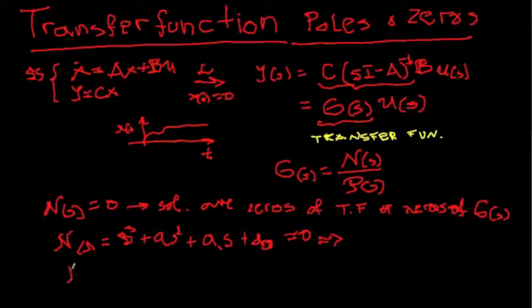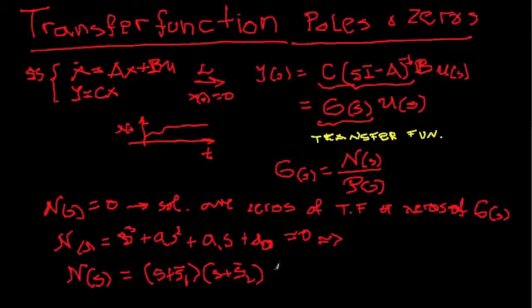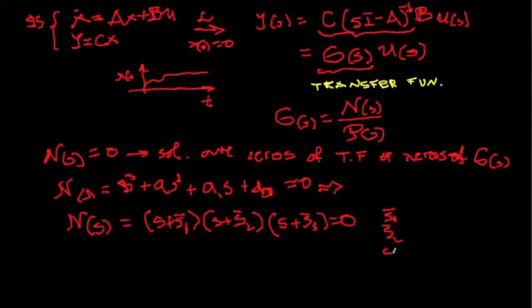In other words, n of s can be factored as (s plus s1)(s plus s2)(s plus s3) equals 0, where s1, s2, and s3 are solutions to this equation, the roots of n of s.